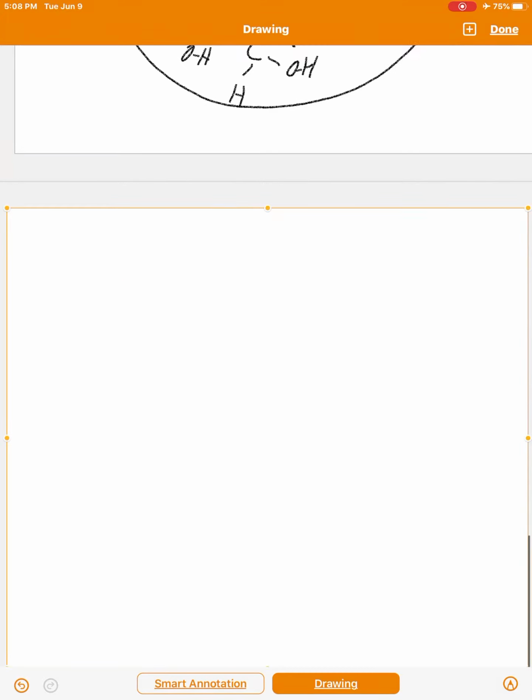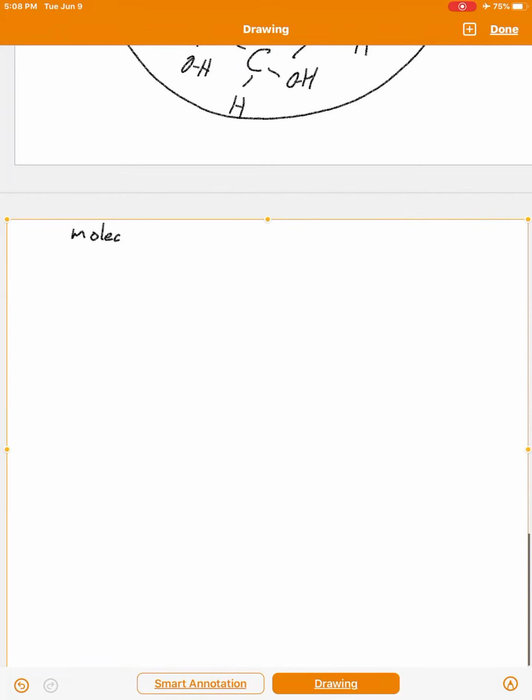okay, so if we have the molecular formula, which is C6H12O6, we'll note that there is a ratio of 6 carbons to 12 hydrogens to 6 oxygens. Okay? That is not the simplest possible ratio that represents this molecule.